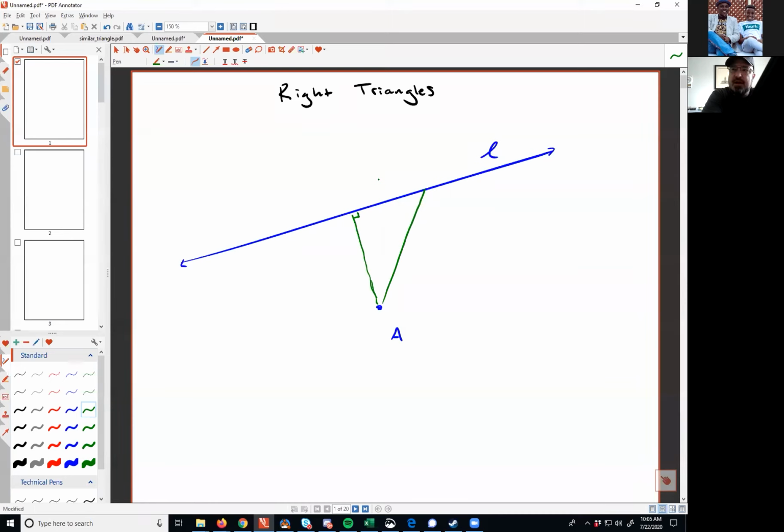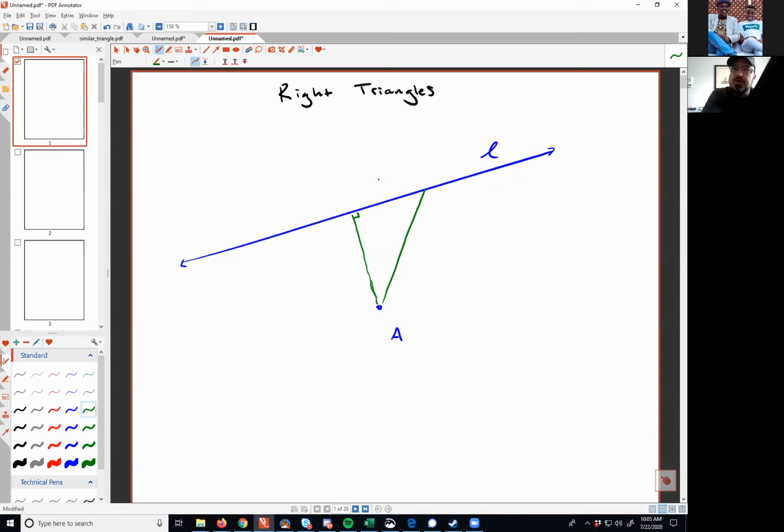How do you know it meets that line at a tangent point? I'm not sure.